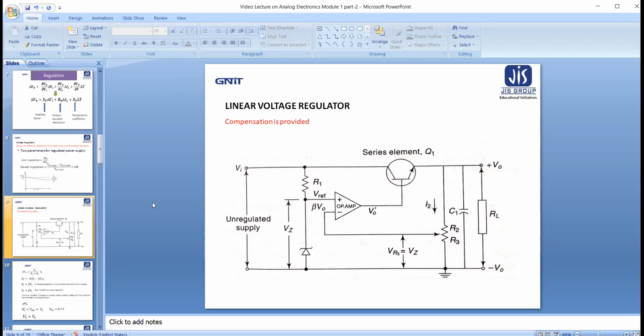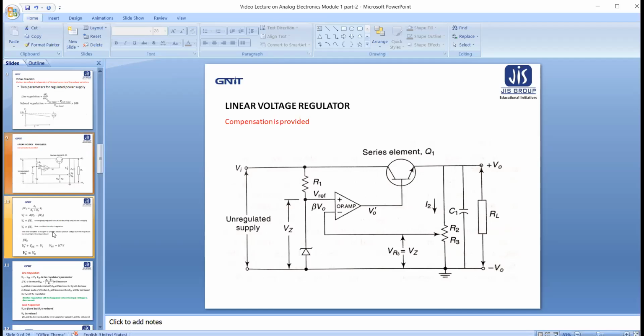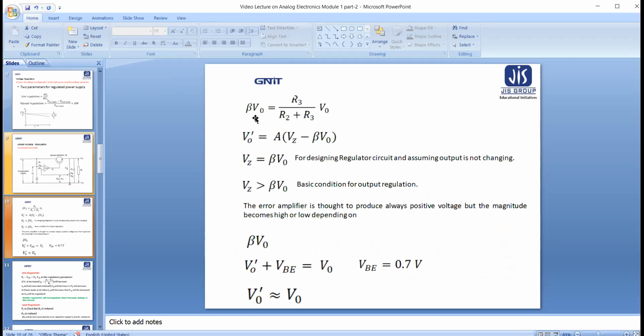Now, what will happen? We will discuss in the next slides. First, beta V naught. What is beta V naught? Beta is the feedback factor. Beta V naught is equal to R3 divided by R2 plus R3, into V naught.